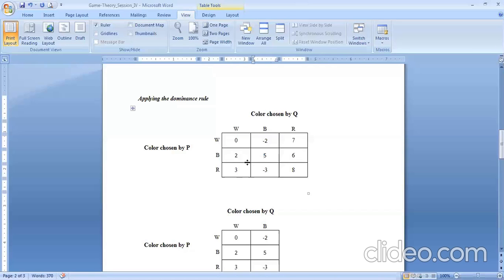Suppose instead of -3, this value was 6. Then 3 is greater than 2, 6 is greater than 5, 8 is also greater than 6. This would have become the superior and that the inferior, that is, the second row would have become the inferior.